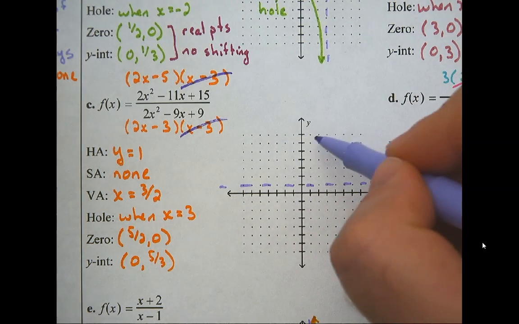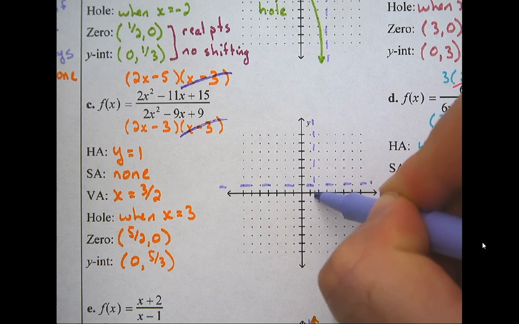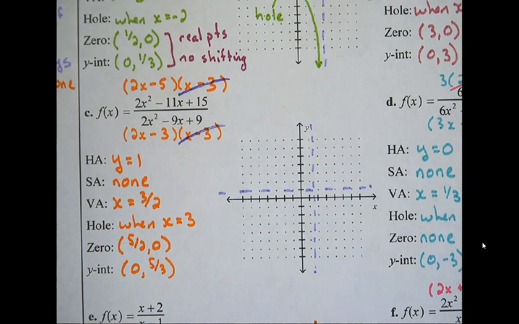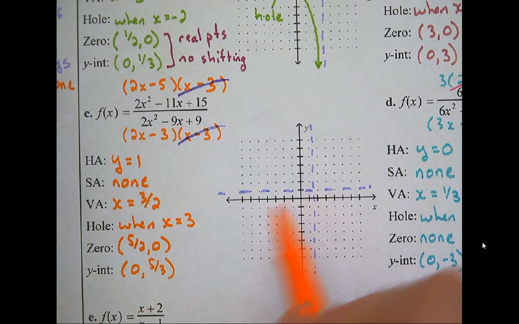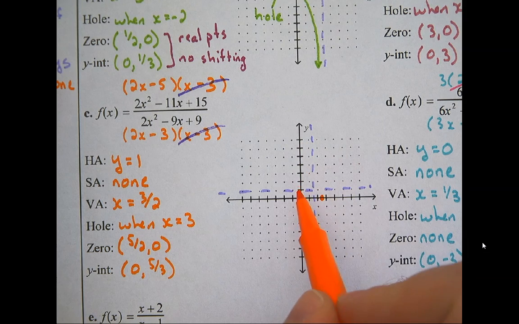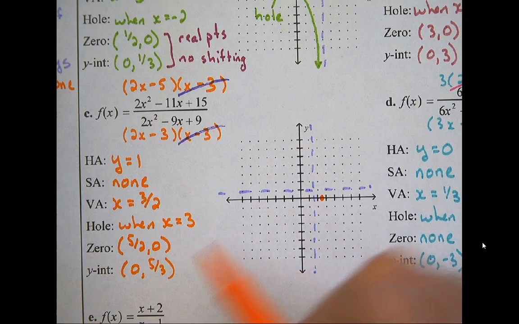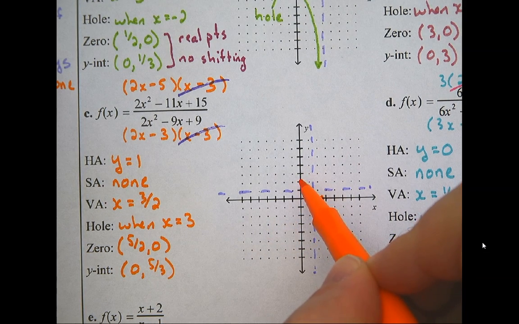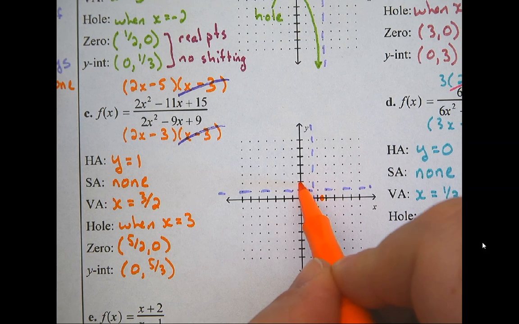X equals 1.5. The points, 2.5, 0. Y-intercept, that's 1 2/3. So 1 2/3 would be, I don't know, something like that.